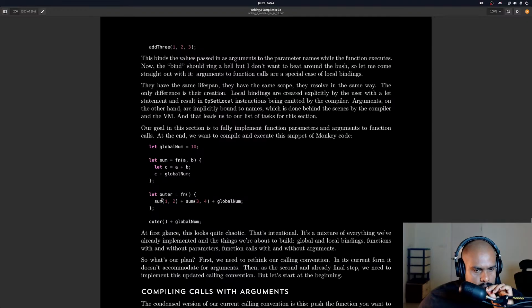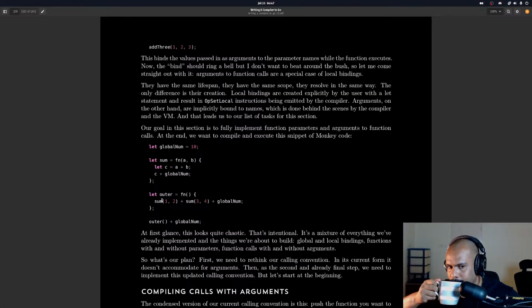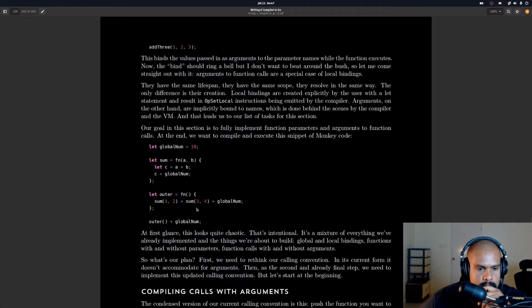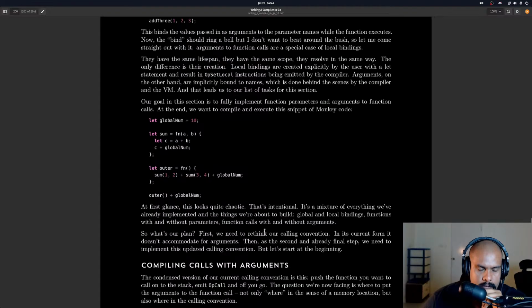Okay, out is another function. Yeah, okay, so it tests most of everything.